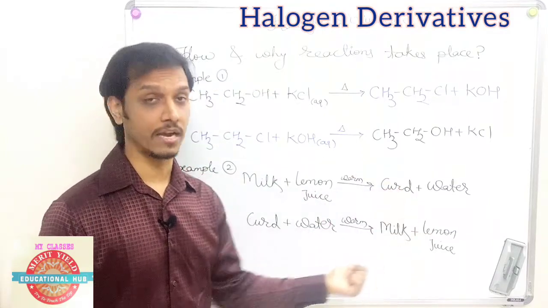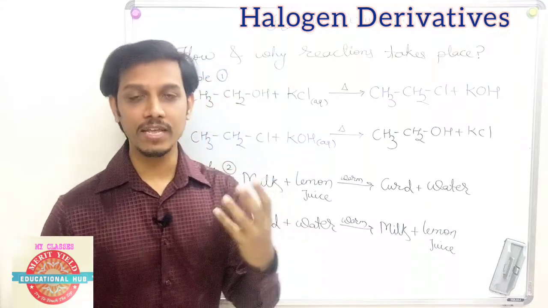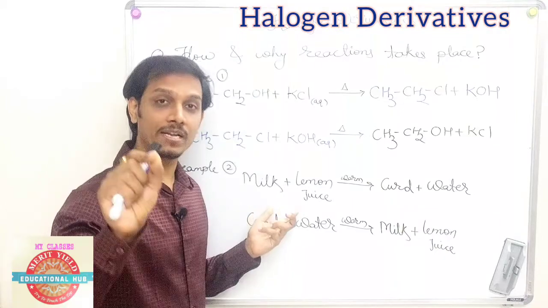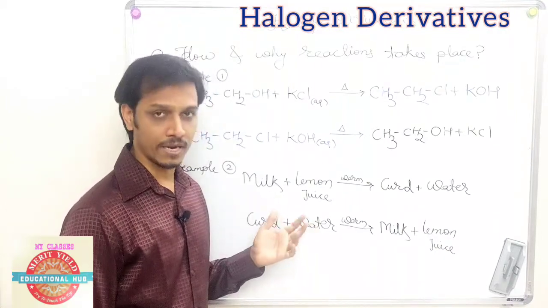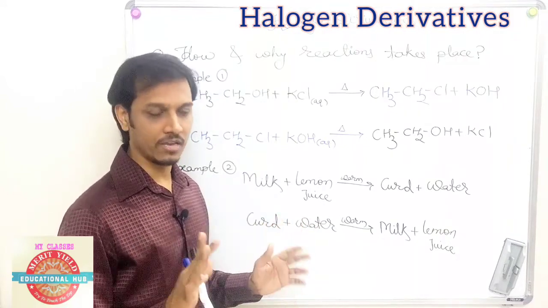because we are used to these kinds of reactions. We are used to these kinds of chemical processes because these are daily routine processes. Every chemical we know for sure, and that's why we know the properties of that particular compound. As we know milk's property, curd's property, water, lemon juice, what the tastes are and everything. Look, everything we know.